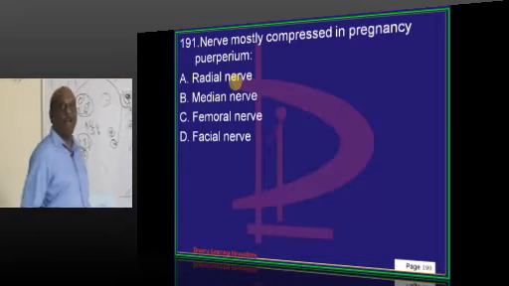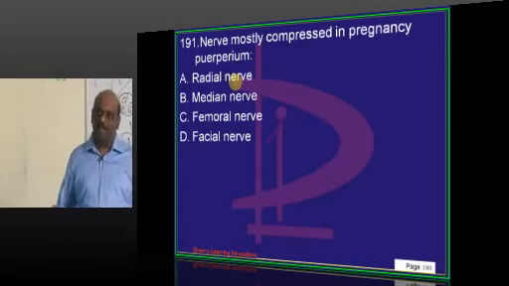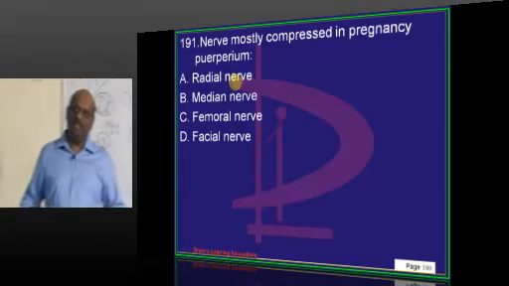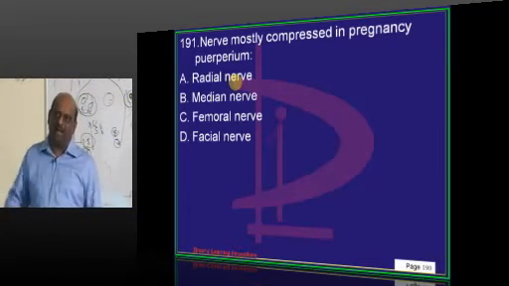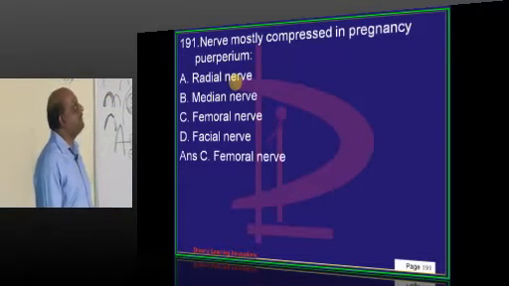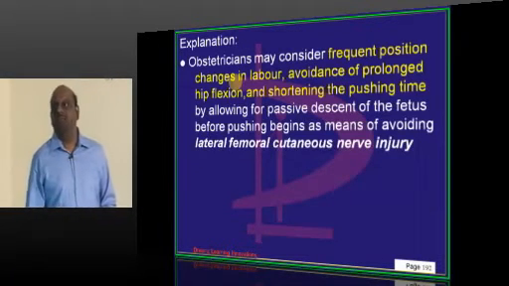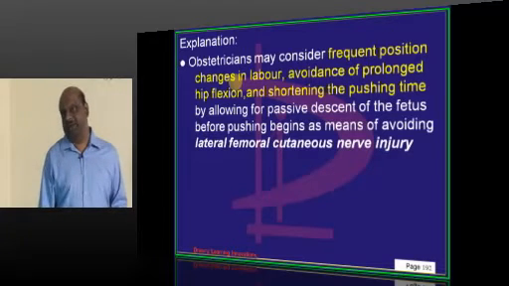Nerve commonly compressed in pregnancy, lot of times labor and many things, you will be stretching the lateral femoral cutaneous nerve and femoral nerve. So femoral nerve is the most common thing that gets injured in pregnant women.